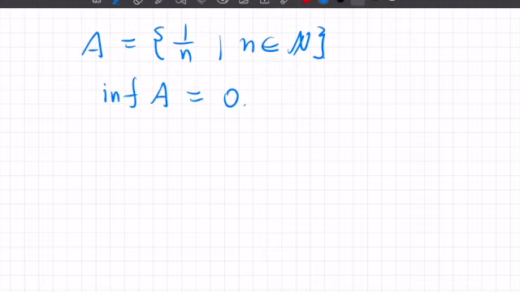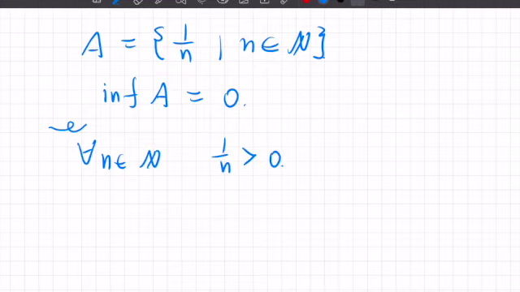So let's prove this. First of all, for any natural number n, we know that 1 over n is greater than 0. So that's trivial. That means 0 is a lower bound of A.